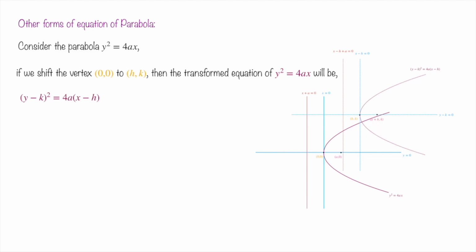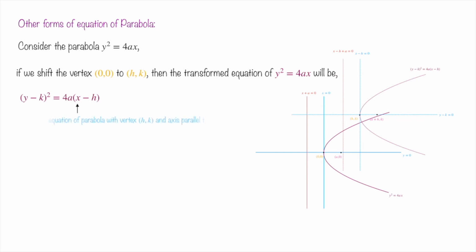This is the focus. Okay, and tangent at vertex is going to be vertical line x equal to h, which is parallel to y axis. Okay, and directrix of this parabola is going to be x minus h plus a equal to 0. Okay, fine.